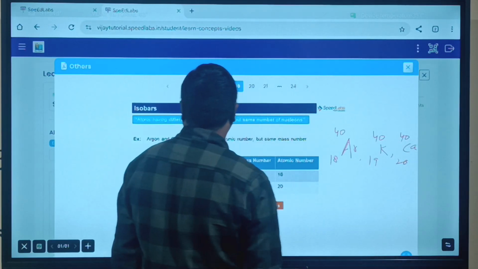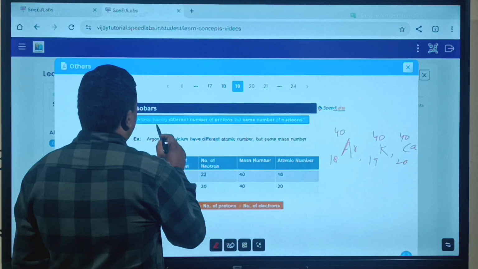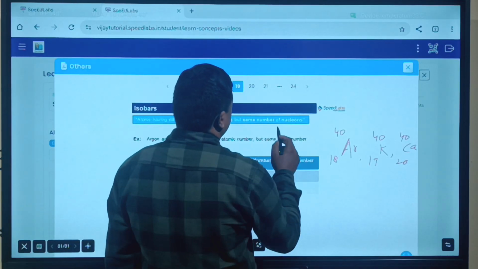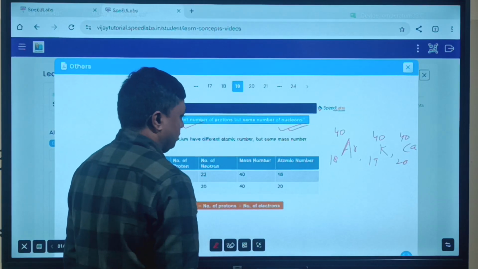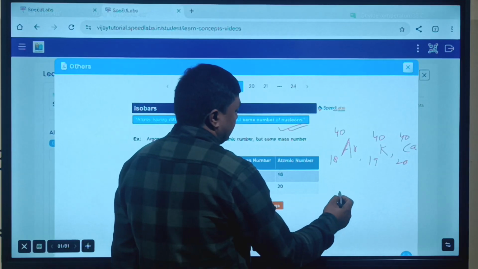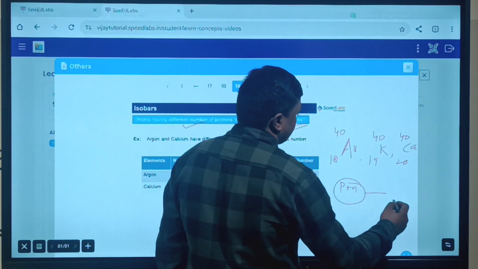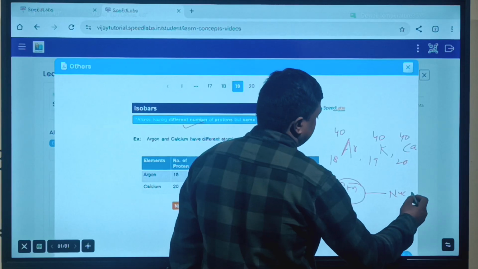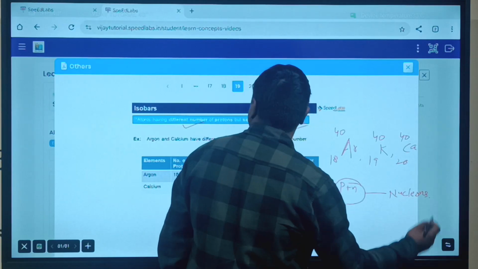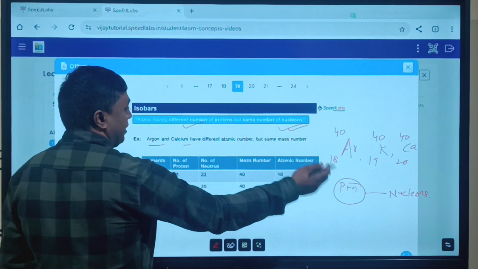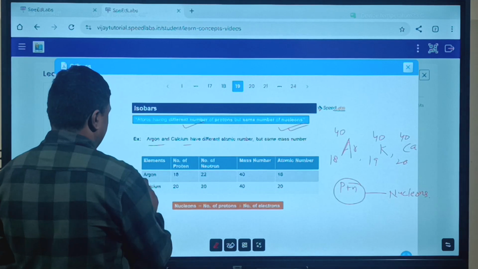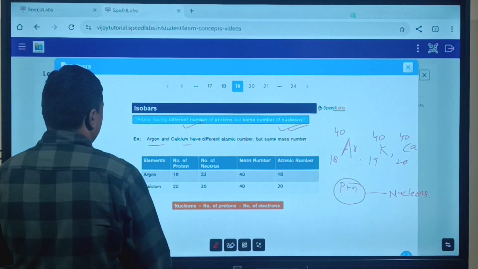These are examples of isobars. Atoms have a different number of protons but the same number of nucleons. Nucleons, try to understand, are protons plus neutrons present inside the nucleus. So argon, calcium, and potassium. They have given this example, so you can remember.